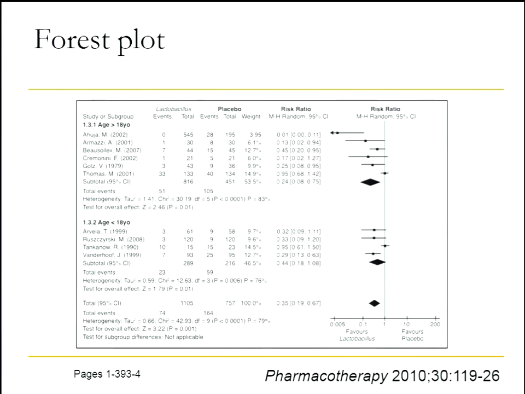So you may not be able to see this well, but you can perhaps look at your handout to see that this confidence interval, this confidence interval, this confidence interval, and that confidence interval do not include 1, do not cross that relative risk or risk ratio of 1.